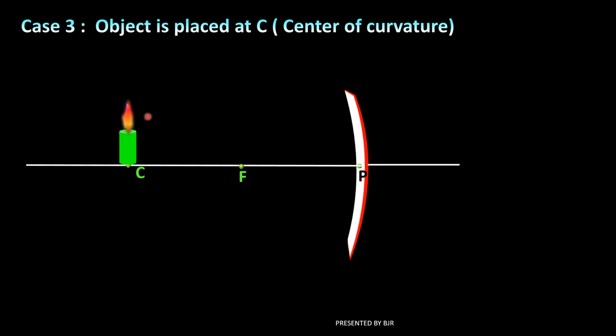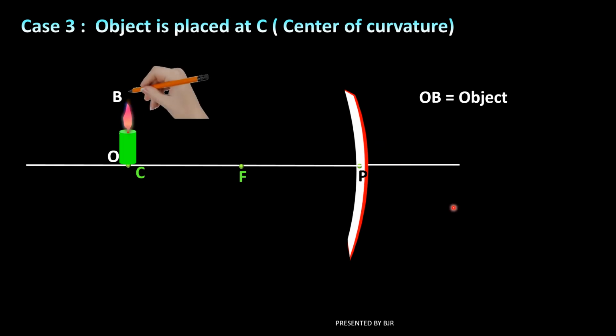I will draw the second ray just from the tip of the candle through the center of curvature, and that will serve as the second reflected ray. OB is the object, and let us draw the two rays from the same point B.